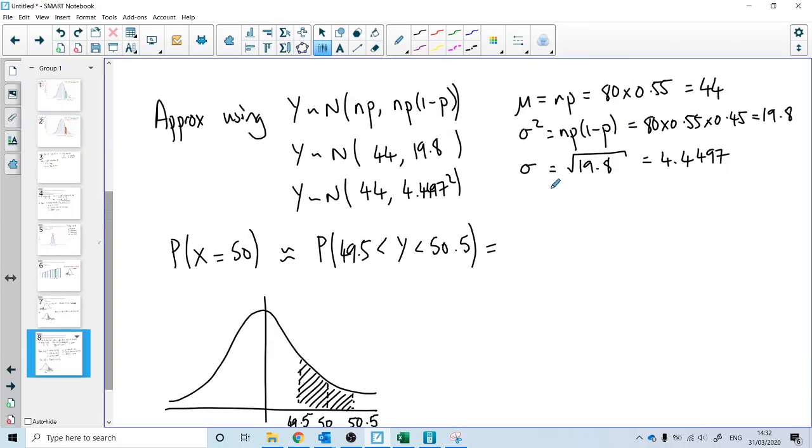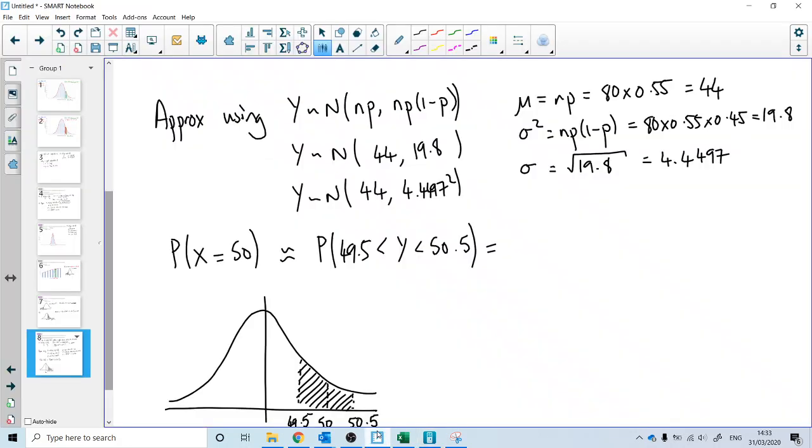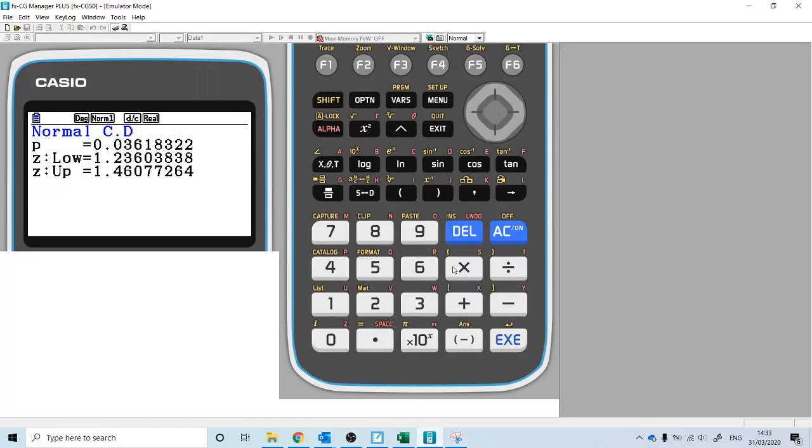It's important that you put in the standard deviation, not the variance. So if you had written 19.8, that would be the variance. You need to square root that, and that's what your calculator wants. So we want sigma. And if we work out what that is, we get this value here.